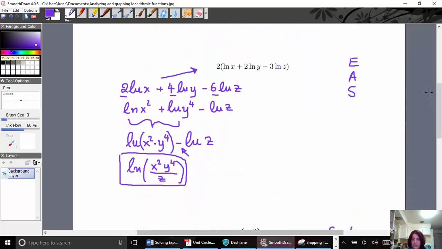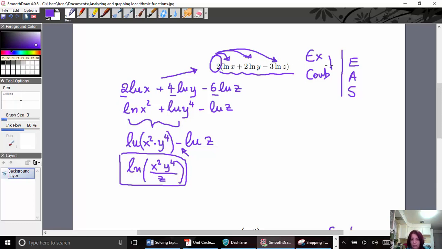The next problem. I start with the exponents. Again, I go from expanded form to combined form. The difference here is that the 2 is multiplied by all of them. Again, I first need to distribute to bring it into the entirely expanded form.